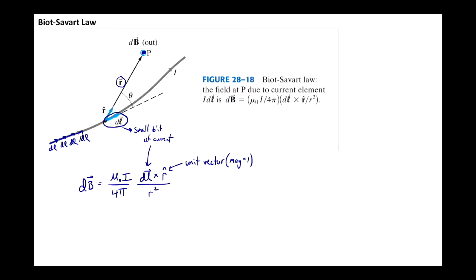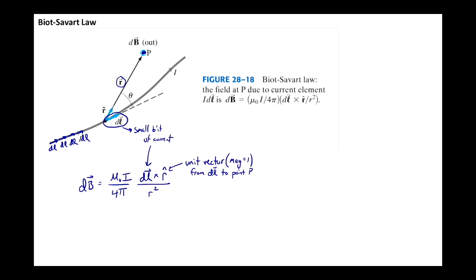So it's a unit vector, we'll say, from dl, the little piece of wire that we're considering, to the point where we're trying to find the magnetic field, point P. It's basically just saying, hey, I'm a little bit of current, and I'm making a magnetic field everywhere.